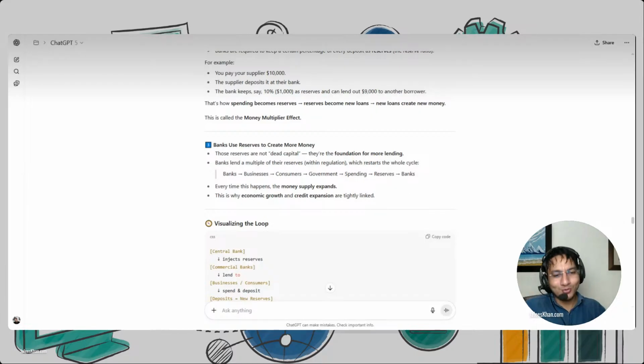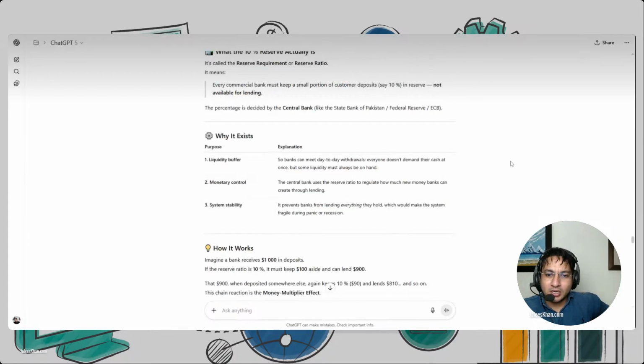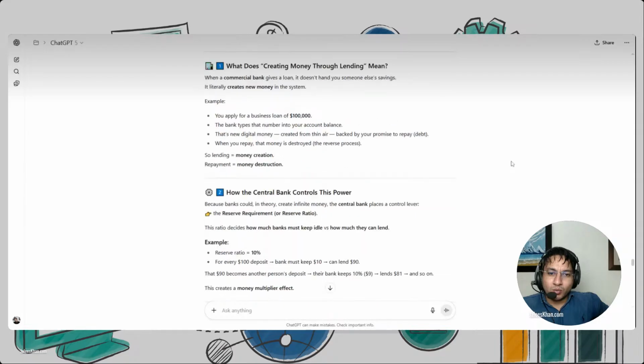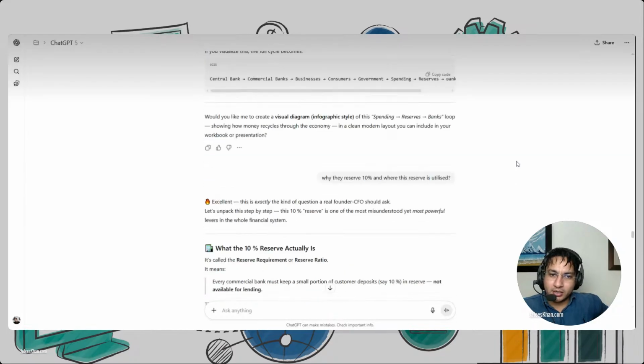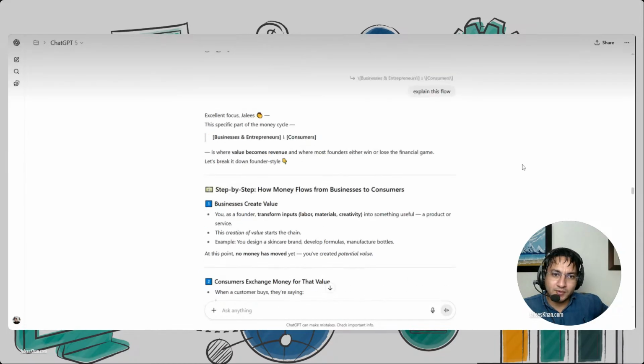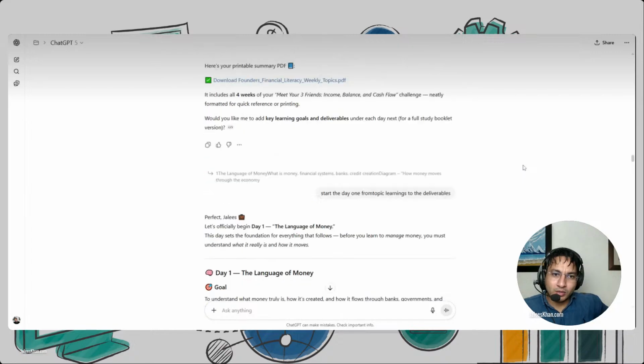So that's the loop cycle. That's how the money is being rolled out. We already worked this out and understand fractional reserve banking as well. Now, what's the next topic?